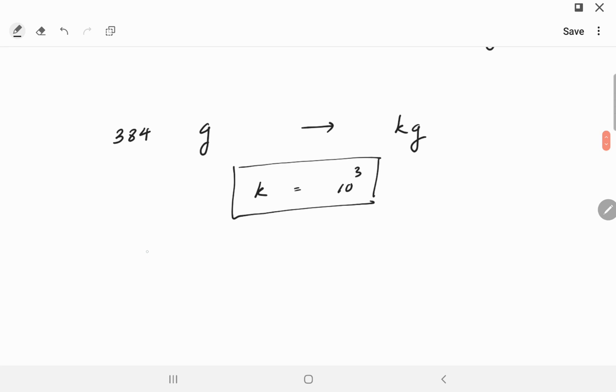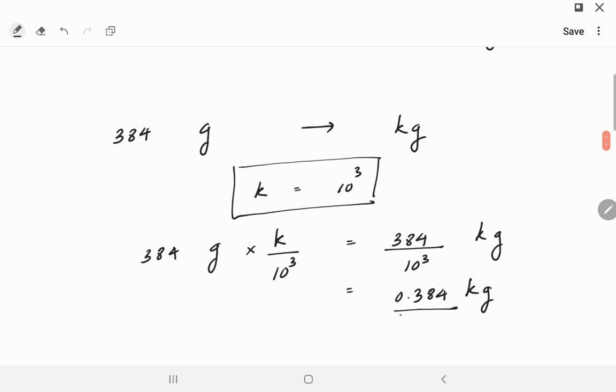When we are doing this conversion, we want to add the prefix k to our final unit. So you will use the conversion factor that has k on top and the numerical value at the bottom. This will give you kilograms on one side, and 384 will be divided by 1000, which means it will be 0.384 kilograms.